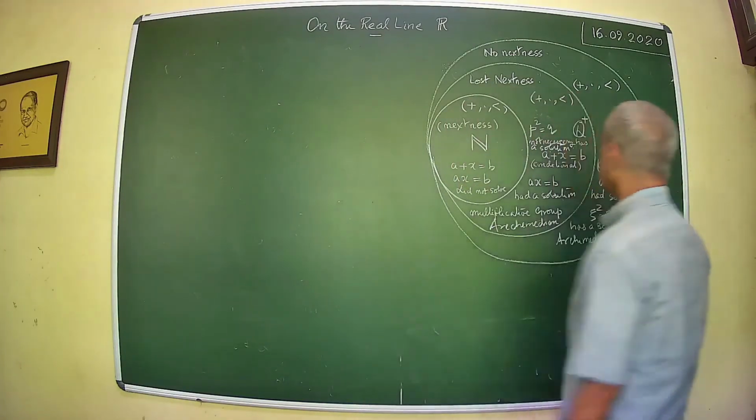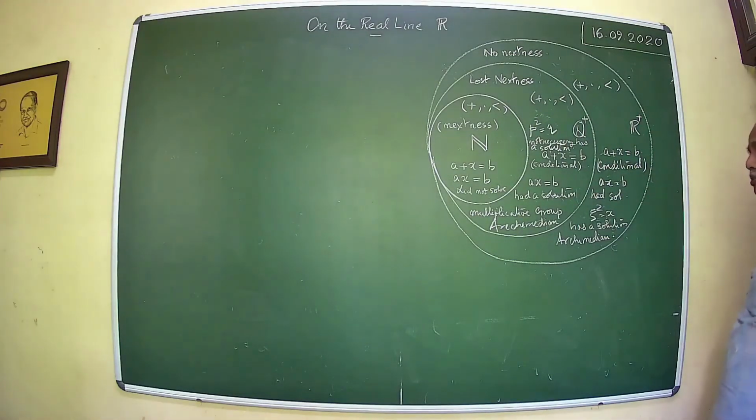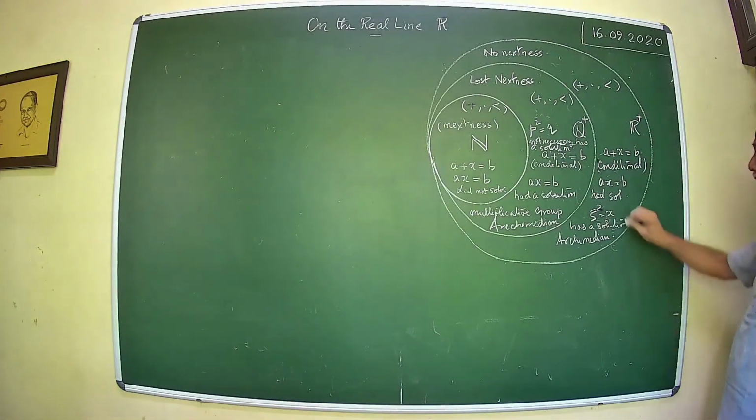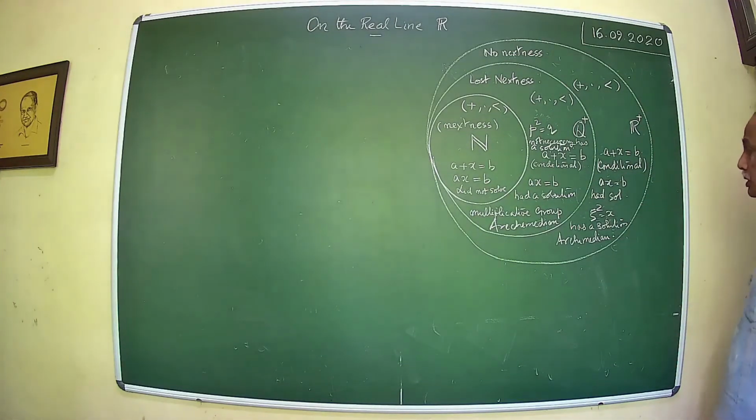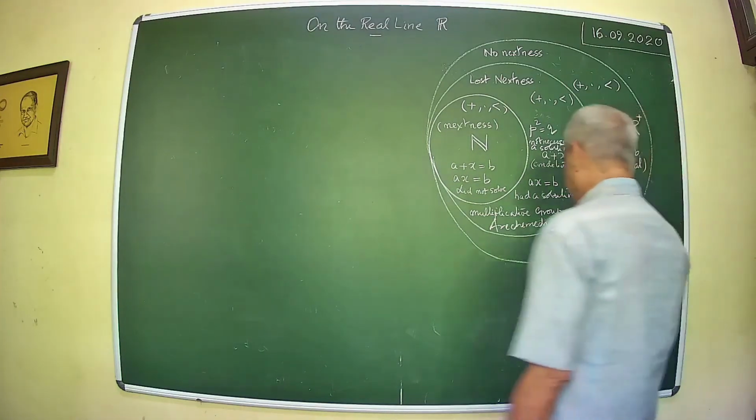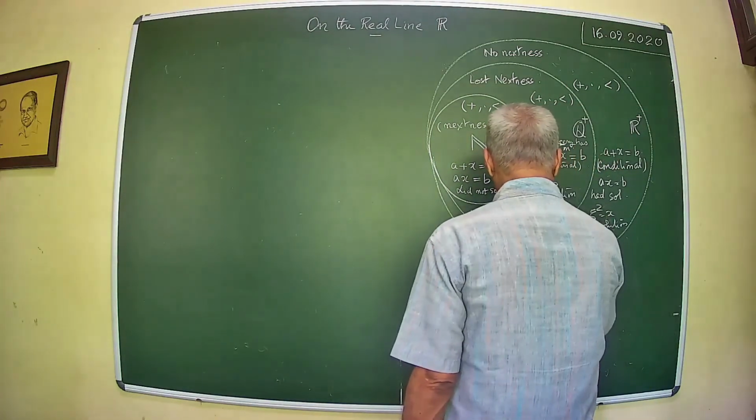This was a problem. This did not have a solution, whereas here it could have a solution. Not only that, this had the completeness property.